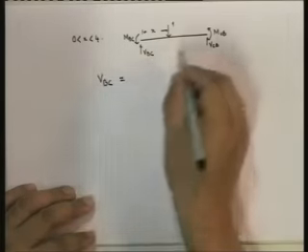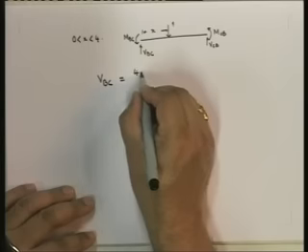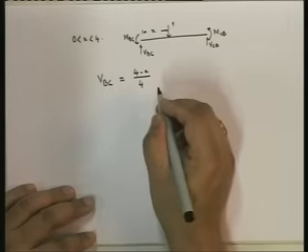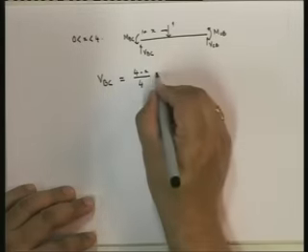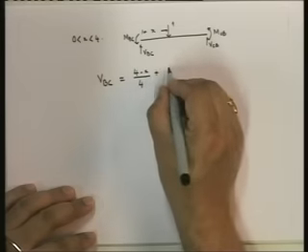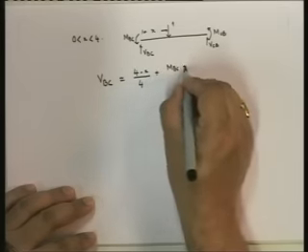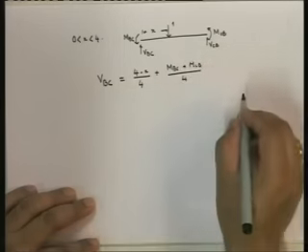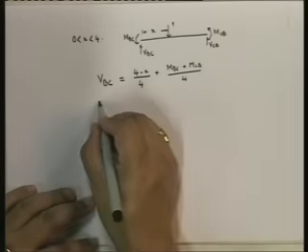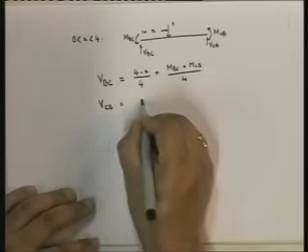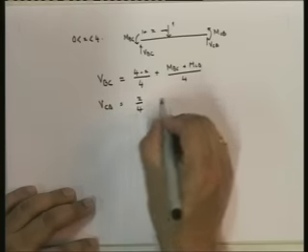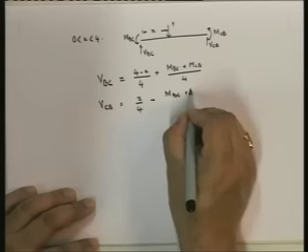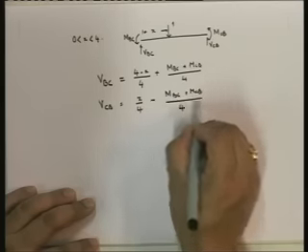VBC is going to be equal to (4 minus x) upon 4, that is from this part, and the other part is plus (MBC plus MCB) upon 4. And VCB is equal to x upon 4 minus (MBC plus MCB) upon 4.